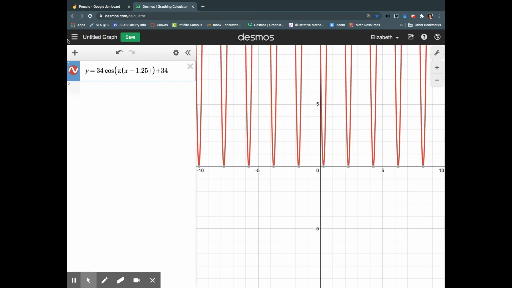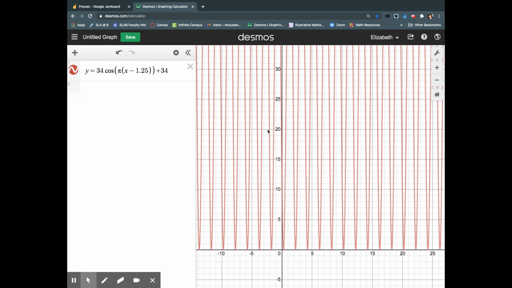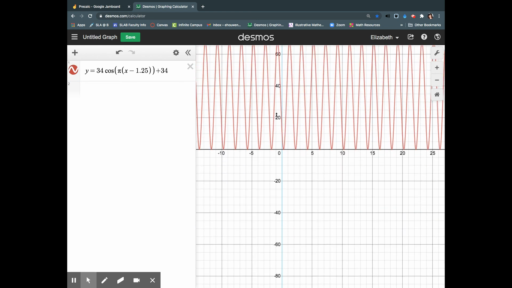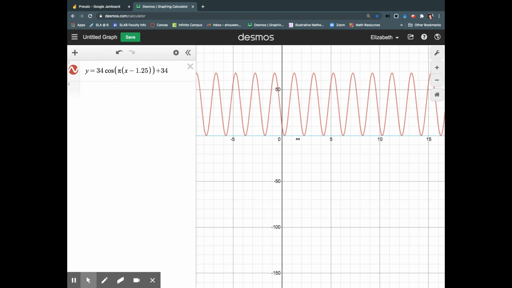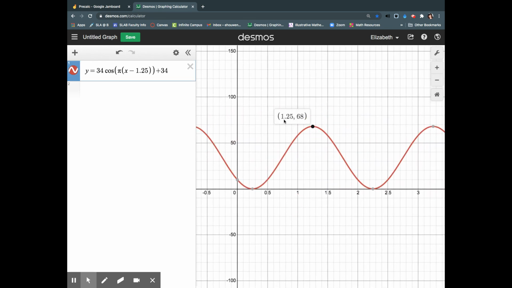Then we go to here and we check to see if it matches the data that we were given. So we can really spread it out. So we can see that at 1.25, it's at a height of 68, which is what was given in the problem. And at 2.25, so 1 second later, it's at a height of 0, which was given in the problem. Because it matches these 2 points, then we can feel confident that we have the right answer.